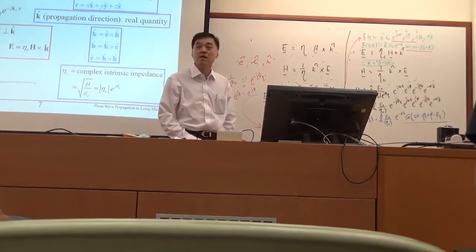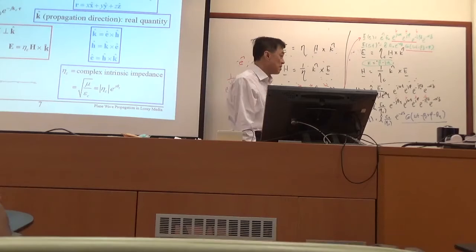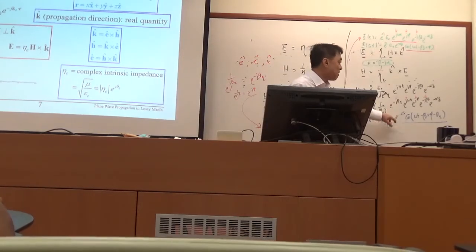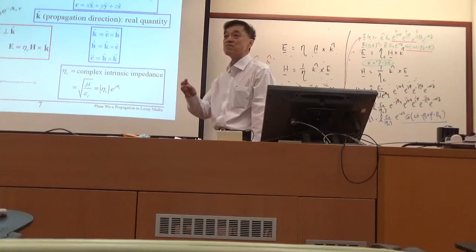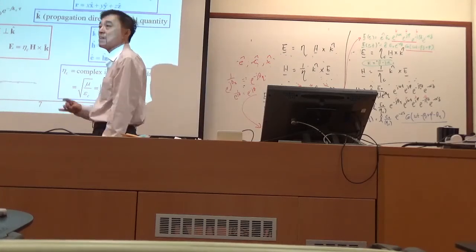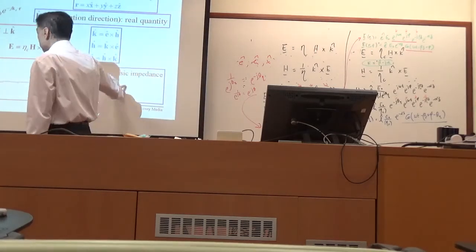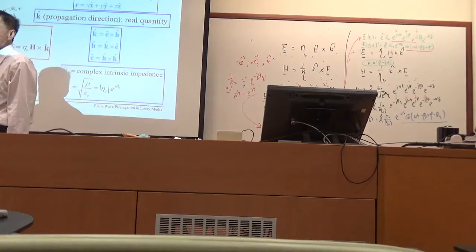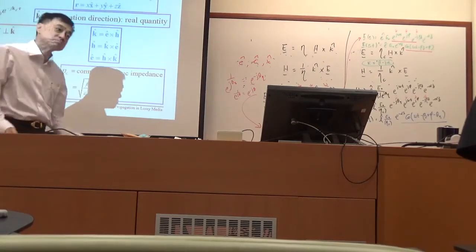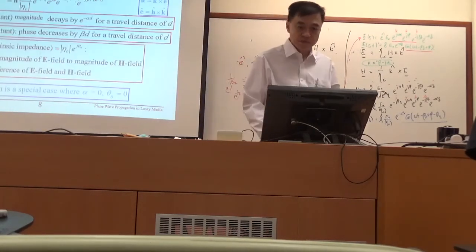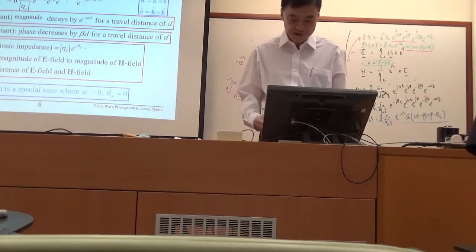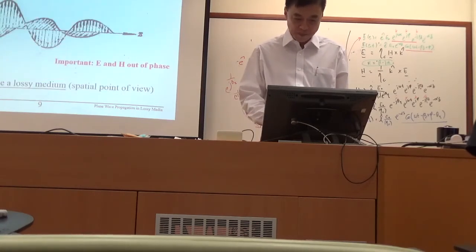But for a lossy medium, E and H are out of phase by theta zeta, the phase angle of the intrinsic impedance. So that's about all. That's what it says here.